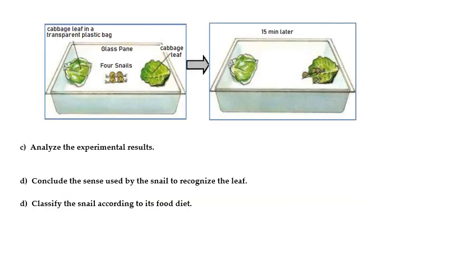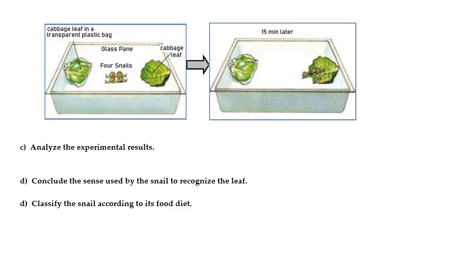Analyze the experimental results. Let me explain what they did. They placed 4 snails in the middle between 2 cabbage leaves. One of these leaves is wrapped in a transparent plastic bag and the other one is an unwrapped leaf. They noticed after 15 minutes that the snails were attracted to the unwrapped cabbage leaf. So how do we analyze here?